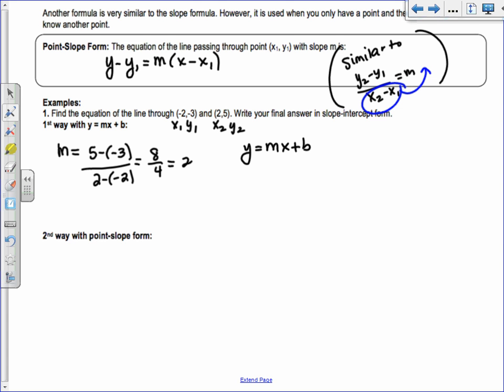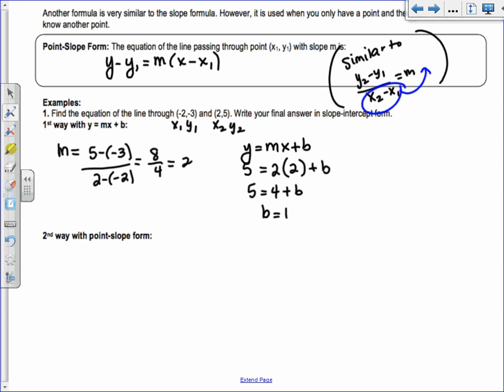I know I can't plug anything in for b yet, so I'm going to plug in my point. Either one. Let's plug in 2, 5. It looks easier, not as many negatives. So I'm going to plug in 2 for x, 5 for y, plus my b. So I get 5 equals 4 plus b. So b is equal to 1.